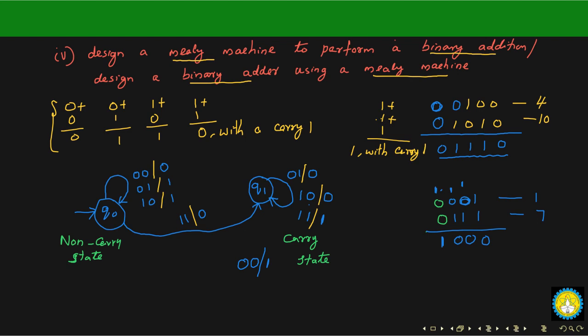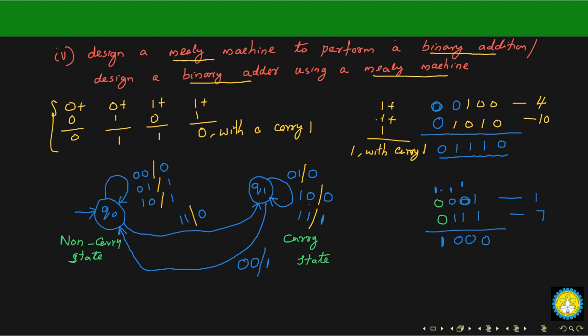From now on, if you move to the non-carry state, upon getting a 0 0 from Q1, you have to make your transition back to the non-carry state. This is a very important thing that you need to remember.